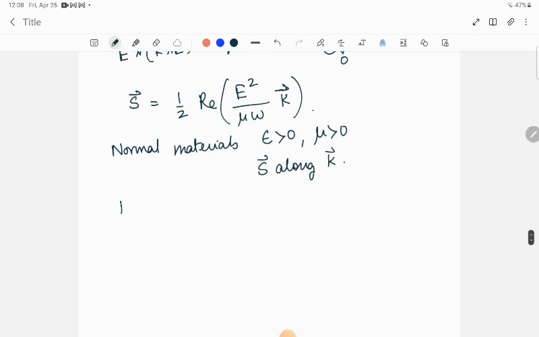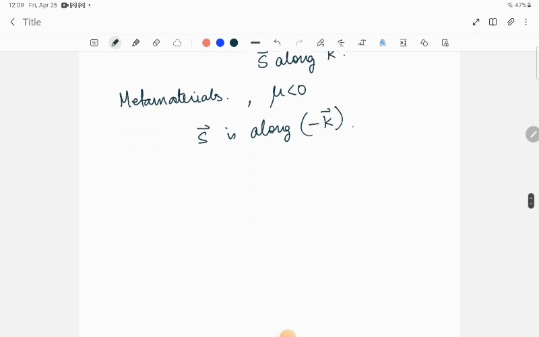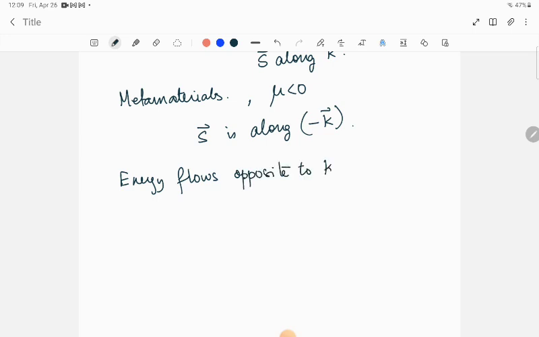However, for metamaterials, the system of our interest, mu is less than 0, mu is negative. In that case, we find that S is along minus k. That means the Poynting vector goes in the opposite direction, so energy flows opposite to k.